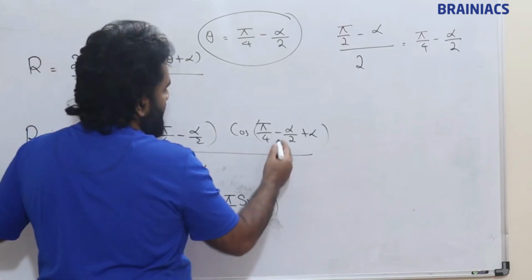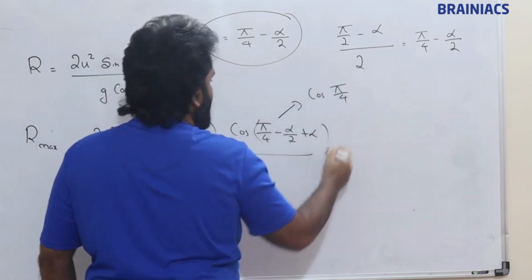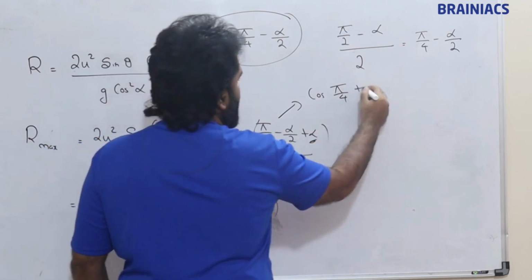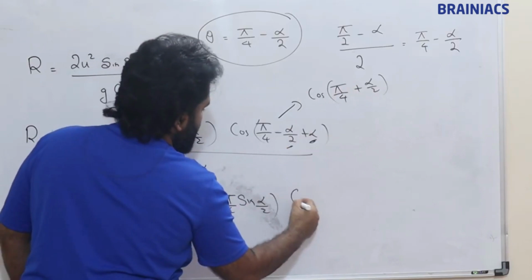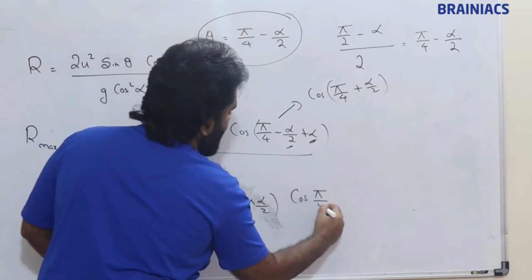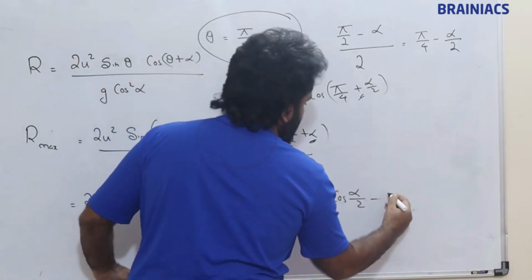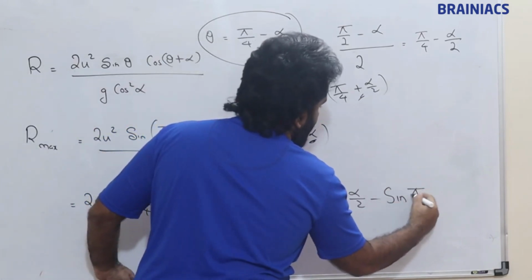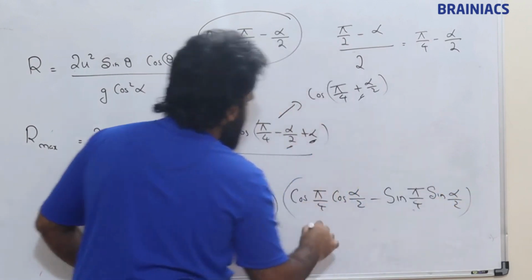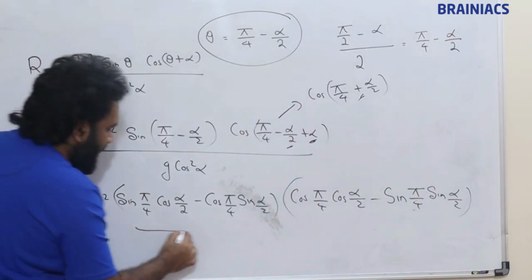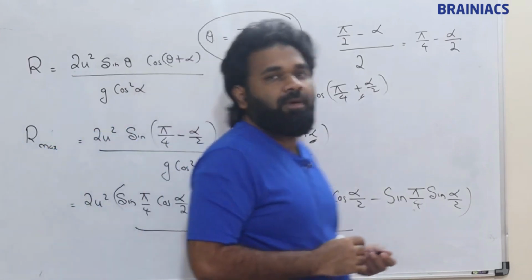The other becomes cos of pi by 4 plus alpha by 2, so cos A plus B: cos pi by 4 cos alpha by 2 minus sin pi by 4 sin alpha by 2, divided by G cos square alpha.